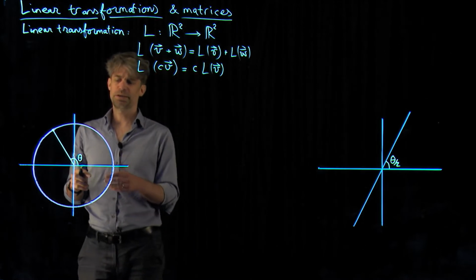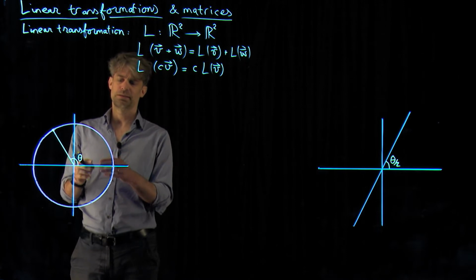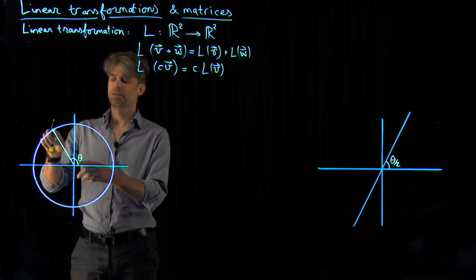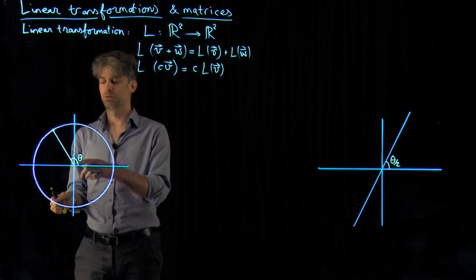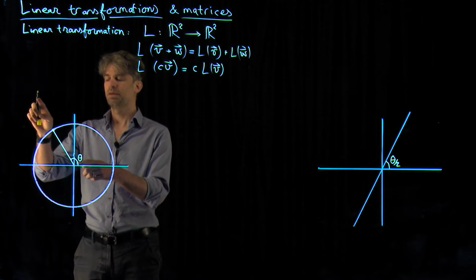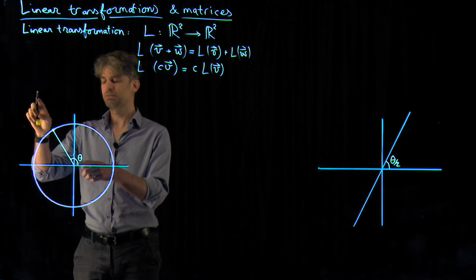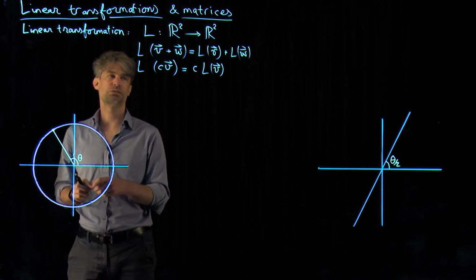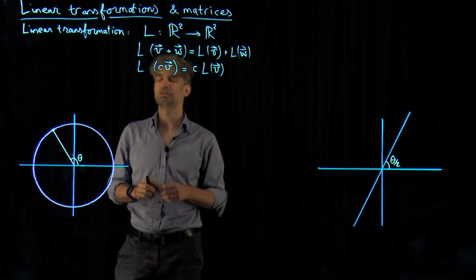Because if I have a vector, let's say this vector, if I rotate it, it will go to some other point here on the unit circle that is now drawn. But if I have a multiple of it, definitely after rotation it will go to the multiple of that vector on the unit circle. So the second one is easy to check.